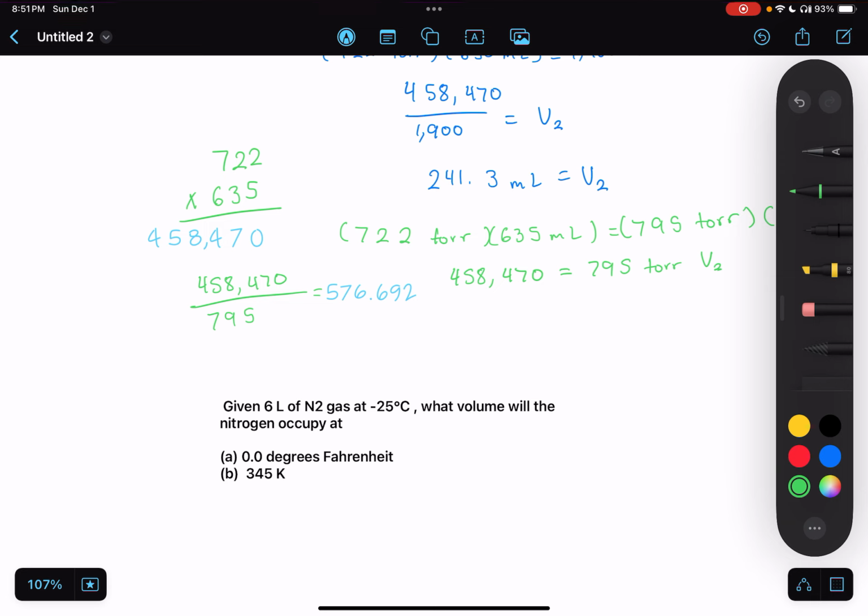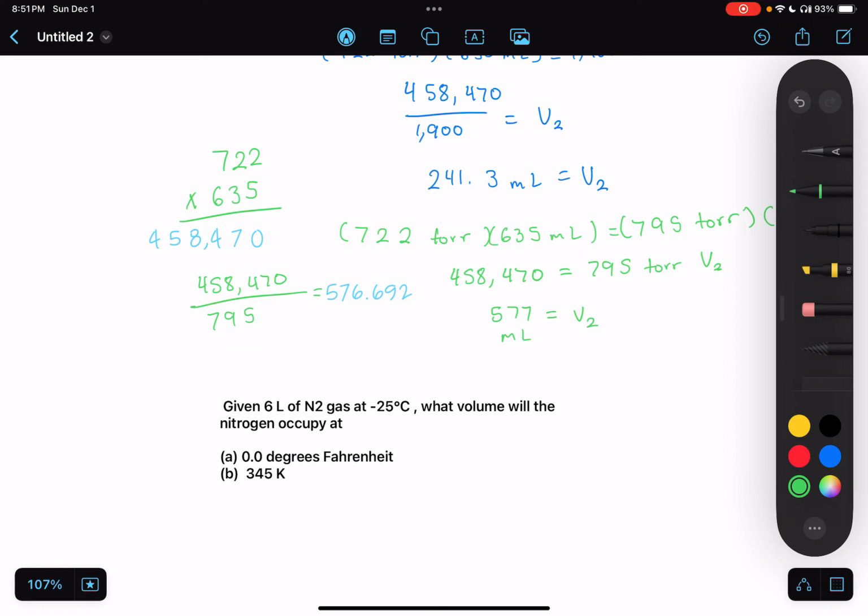Let's just reiterate, make sure. 576.692. Yes, that's right. So 576.692. Let's round that up to 577. 577 equals V2. And of course, that's in milliliters.